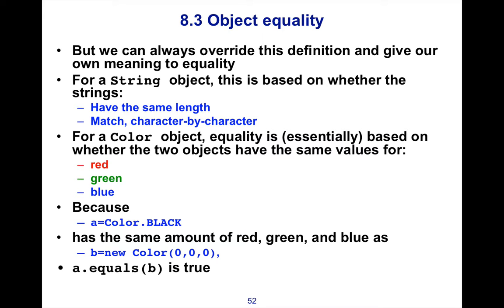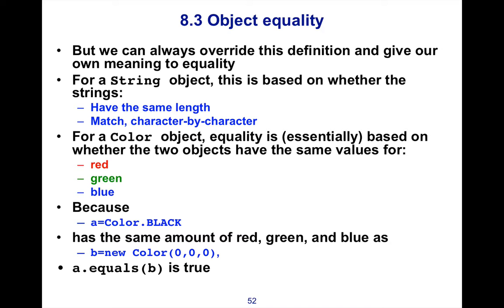So the string dog would dot equal another string dog, even if they're two different instances of that same string. For a color object, similarly, someone else has already written the dot equals method for us, and the color object decides equality based on the identical components red, green, and blue. So if two color objects have exactly the same red, the same green, and the same blue content, they will dot equal each other, and otherwise they won't.